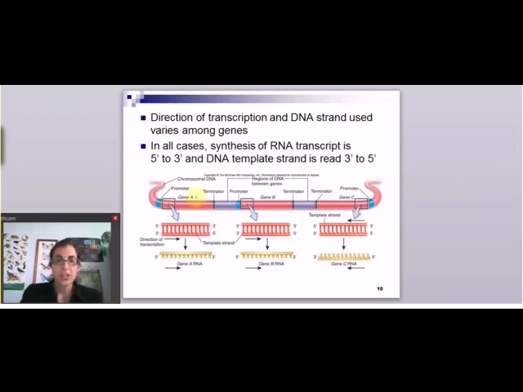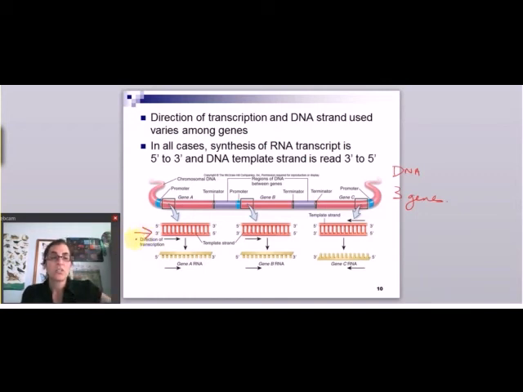So this is what I was talking about earlier as well. Notice that this is a long piece of DNA with 3 different genes in it. In this gene, the promoter is found if I'm moving to the right. Remember, the promoter is a gene sequence, so it also has a 5', 3' direction.